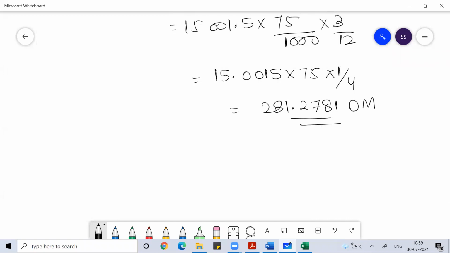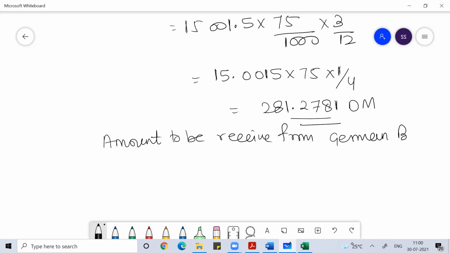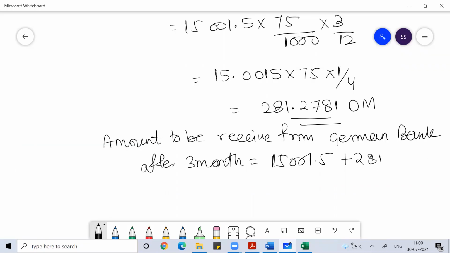So the amount to be received from the German bank after 3 months, that will be 15,001.5, that is my principal, plus my interest, 281.2781.